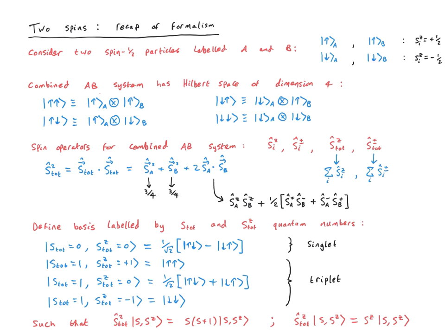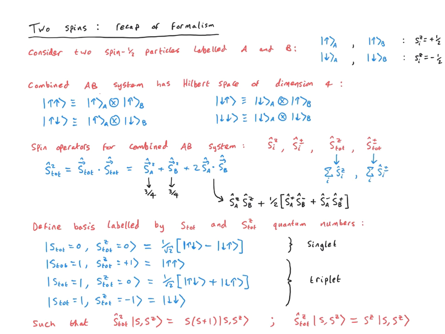However, we can define a new basis which are simultaneously eigenstates of the S total squared operator and the S total Z operator. This means that each of the basis states will have a definite eigenvalue for the S total squared operator and the S total Z operator. Therefore, we can label these basis states according to the total spin and total Z projection.